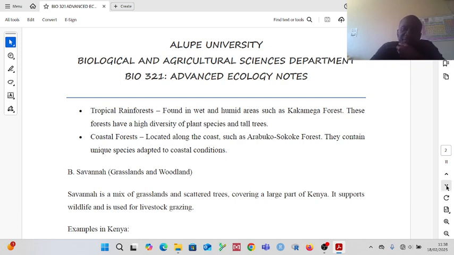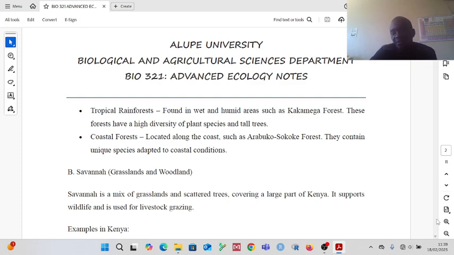We have the coastal forests, which are located along the coastal region. Okay, so an example is the Arabuko-Sokoke forest, which is found along the Kenyan coast. And these coastal forests will contain unique tree species and even animal species which are adapted to the environmental conditions that are found along the coastal regions.